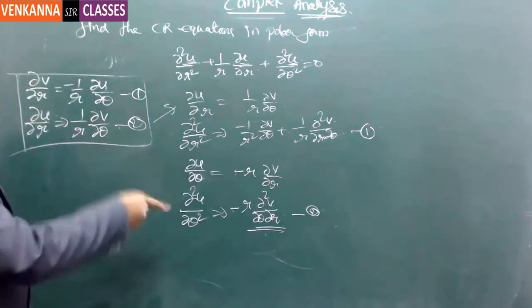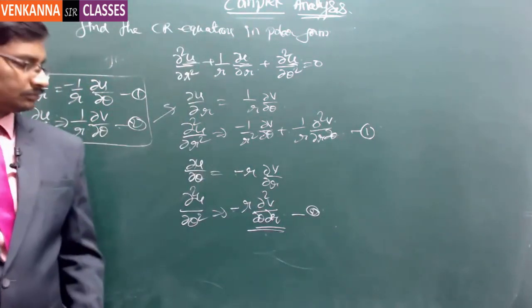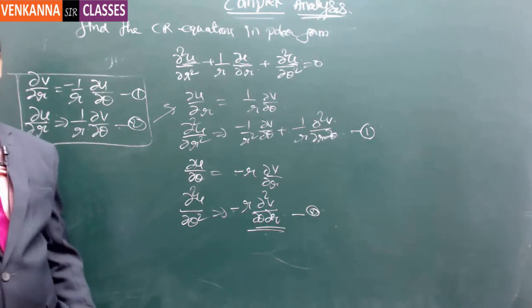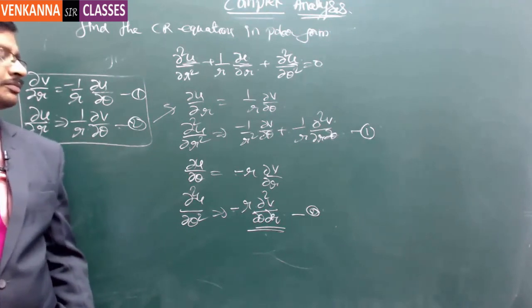From 1 and 2 you can add it and arrive at the relation. Got it? Or do you have any questions on this?